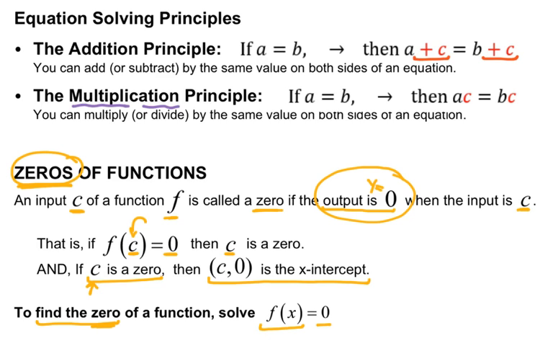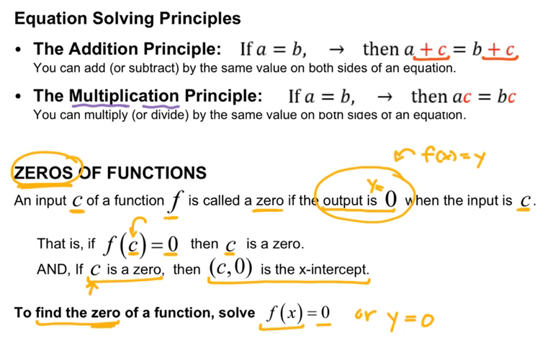Remember up here I said y is equal to 0. Well, do you recall that f of x is the same thing as y? So if a problem asks you to find the zeros, that means you let the function equal 0 or you let y equal 0. That's all that you need to do. To find a 0, you're going to solve for the x value where that exists.